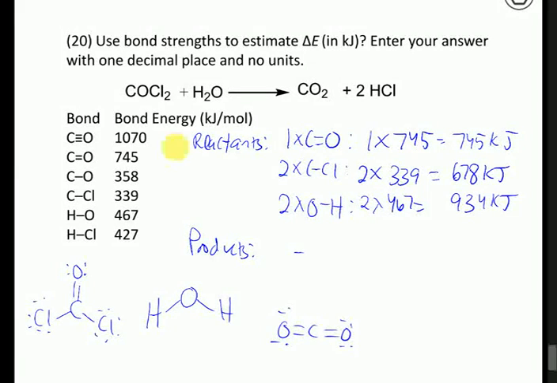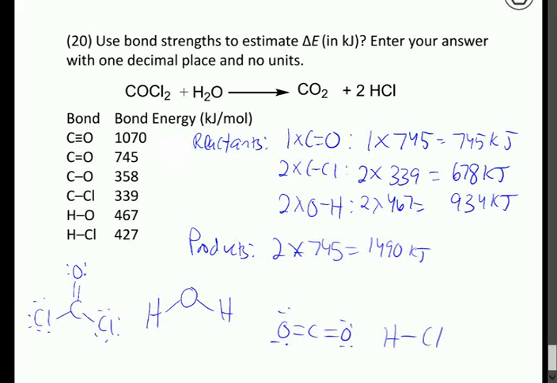So we have to do 2 times the CO double bond strength, which is 745. And then we have HCl. That has to be a single bond because hydrogen only makes single bonds. However, we have 2 of those because that's what this number in the chemical reaction tells us. We're forming 2 molecules of HCl, so we have 2 hydrogen-chlorine bonds. So 2 times 427.